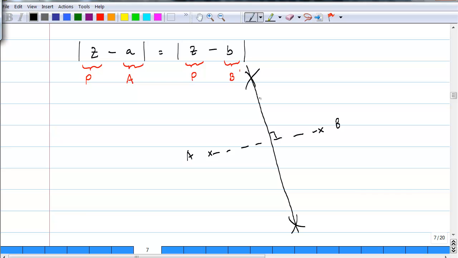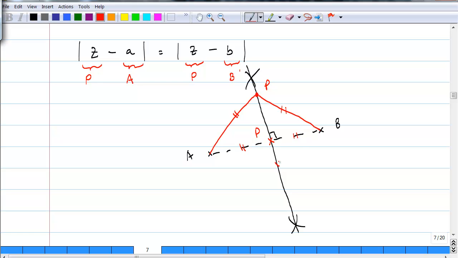Now if I were to choose any point on this line, let's say this point, right, and then I connect it to the point A and connect it to the point B, would you believe that these 2 lines are actually the same distance? How about if I were to choose a point here, the point P here? This is obvious to you because this is indeed the bisector.